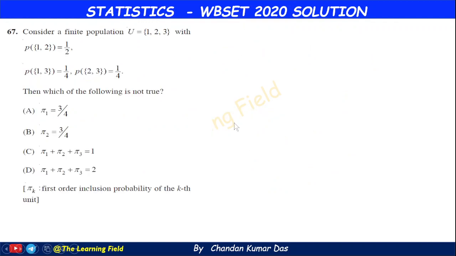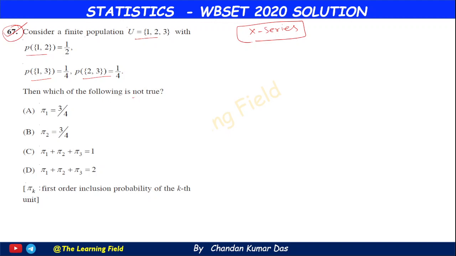So this is our first question, from the question paper of X series. X series question number 67 from statistics. It says: consider the finite population U equal to 1 to 3 with P(1,2) equal to half, P(1,3) equal to 1 by 4, and P(2,3) equal to 1 by 4.